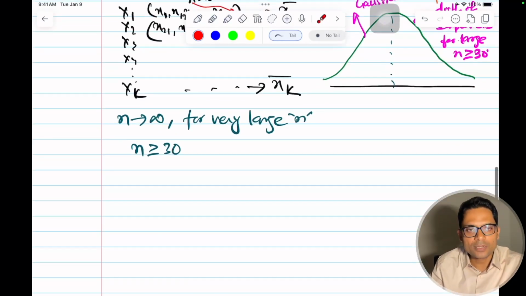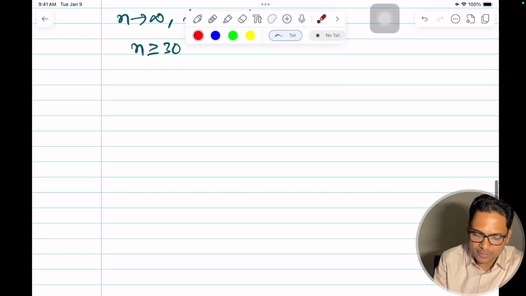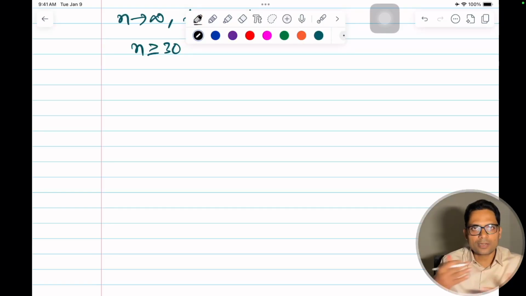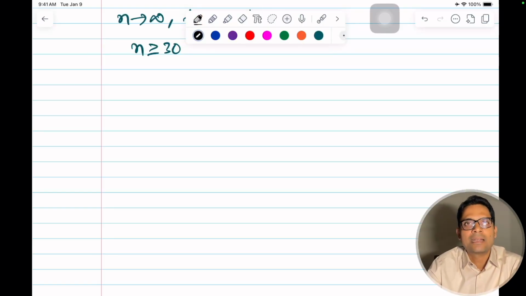Now let's formally write it in mathematical terms and do some maths on that to understand the next topic, that is standard error.